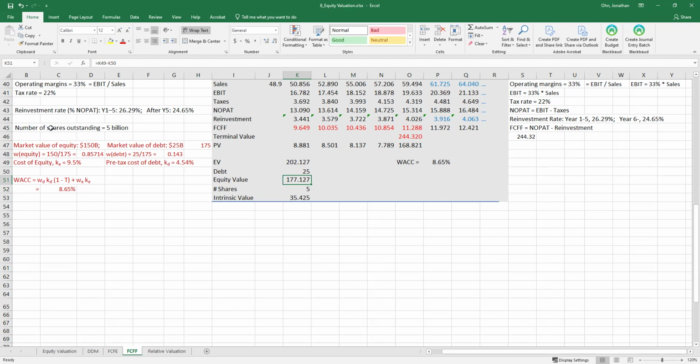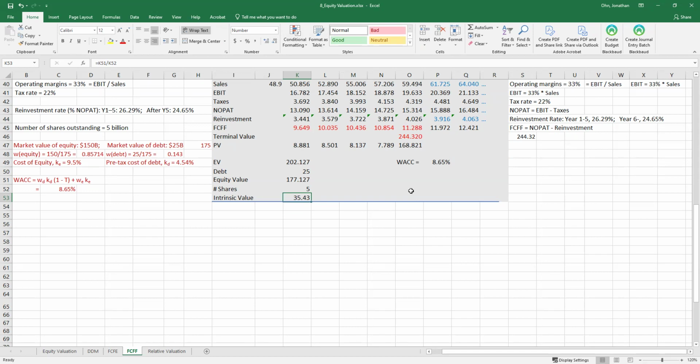Now we have total number of shares of 5 billion shares for Cisco. So you just divide total equity value by 5 billion. It is how much? $35.43.